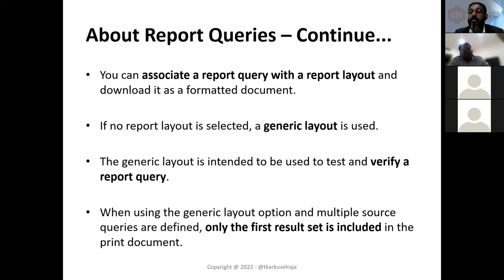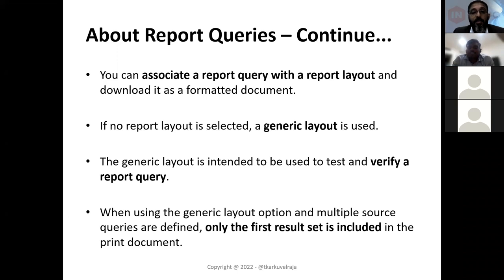For example, in the report layout, I have two sets of layouts, like one is report and another one is chart. How can I achieve this? For that, you need to have two result sets, two source queries, to be defined.